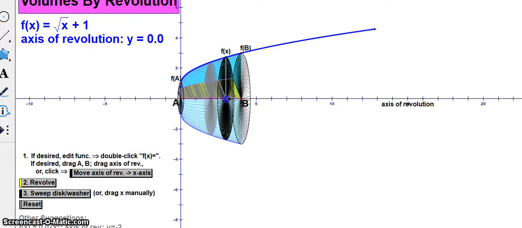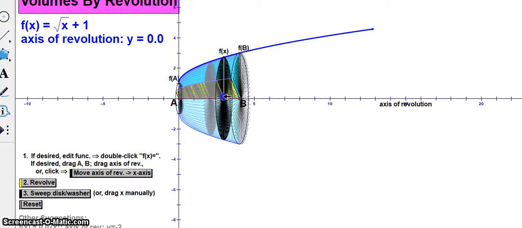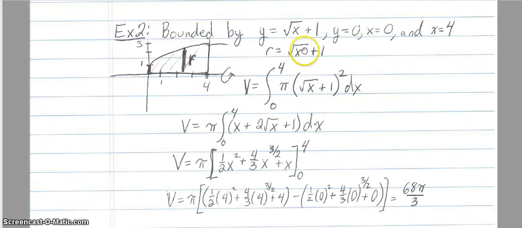But what do we really have? We're finding the area of one of these disks and going to integrate it. So what's that? The radius from the curve f of x, square root of x plus 1, to the x-axis. So that's the radius.